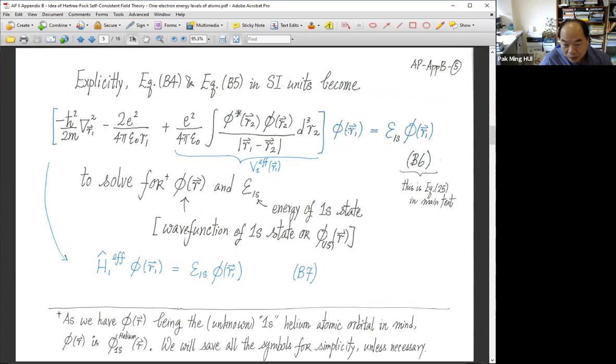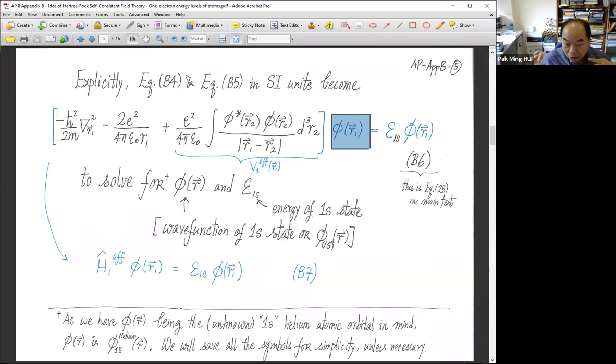However, we also need this 1s state to construct part of the Hamiltonian. This is the effective electromagnetic interaction energy of the second electron on the first electron. So if we don't know the answer, we cannot construct this term to solve for the answer, okay?